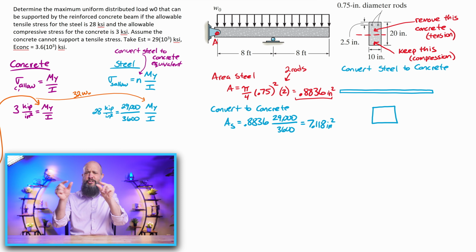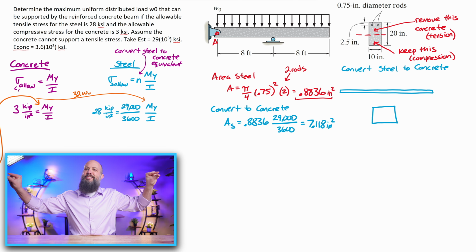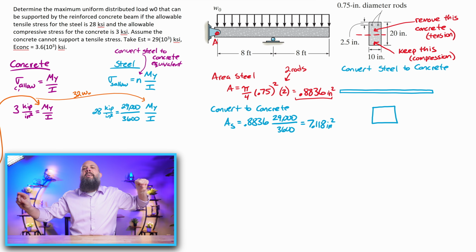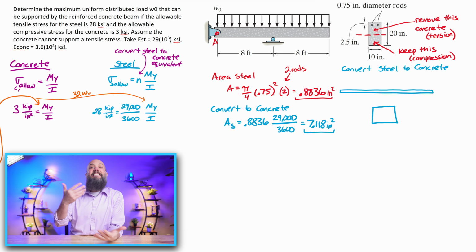Instead of drawing it as just 2 circles, we're just gonna stretch this out and consider it as if it's like a big wide rectangle. And so this extra area is gonna be that factor n. It's a ratio of E over E, how much stronger the steel is versus the amount that is a little bit weaker for concrete. So this steel is gonna function as if it's about 7 inches squared of equivalent concrete.